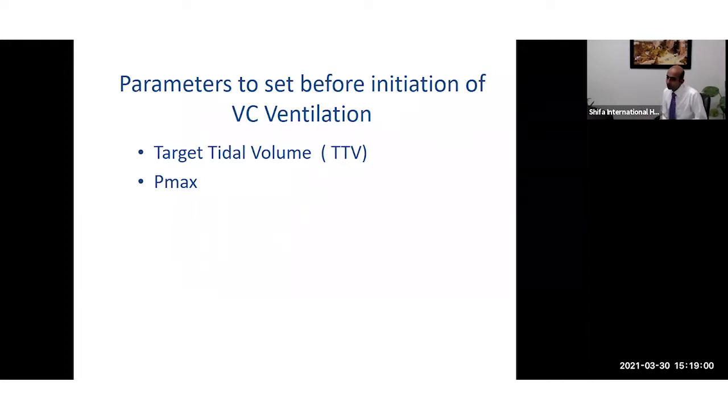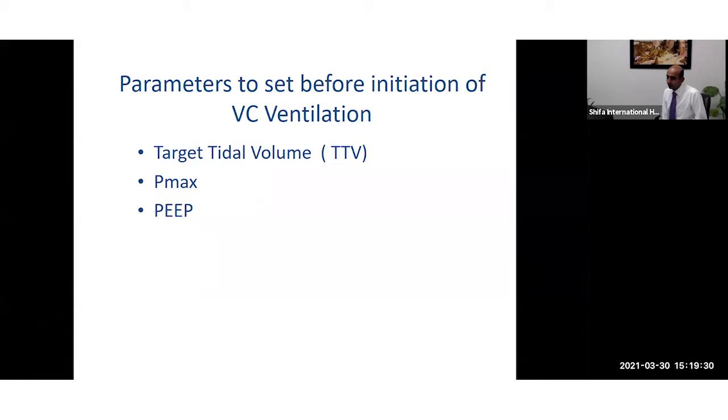In most ventilators, this is usually set at 30 centimeters of water, which means that if the ventilator needs to go above 30 centimeters of water to deliver the target tidal volume, it will start alarming that the Pmax is reached. At that point, you need to think about why the baby needs such a high pressure. There might be mechanical issues, like the tube is obstructed, or the lungs are so stiff that the ventilator needs a higher pressure.